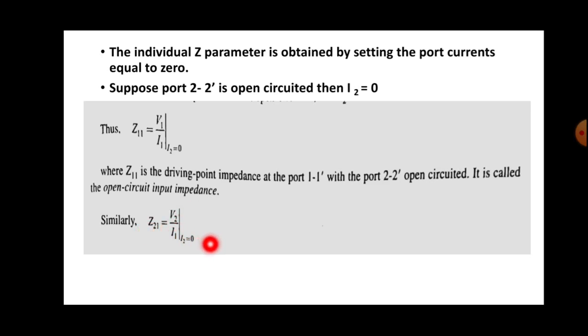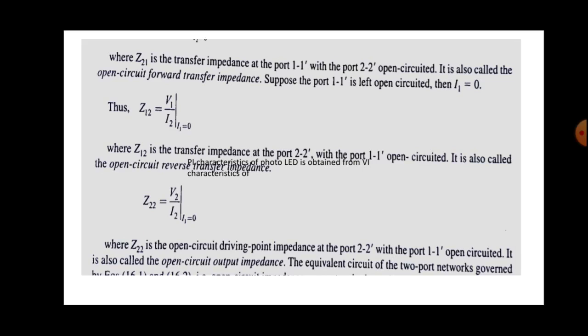The condition is I2 equal to 0. We can directly write the equation from the suffix: Z21 means Z is the impedance, so we write V by I. Since it is 2, 1, the upper portion will have 2 and the lower portion will have 1.